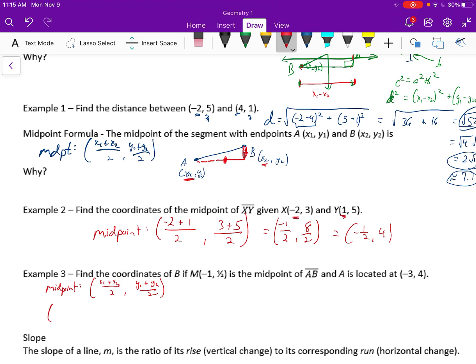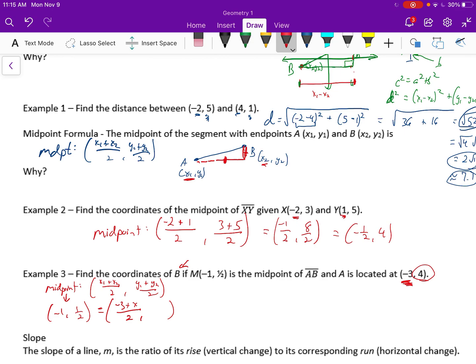The midpoint is negative 1, 1/2, and we can say that was our midpoint, and that's equal to one of the x values. So here's x sub 1, negative 3, plus the value we're missing because we're trying to find the coordinates of B. So negative 3 plus x over 2.